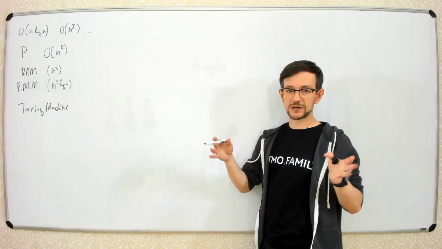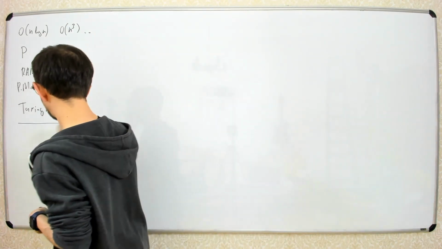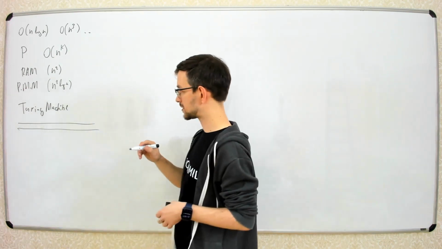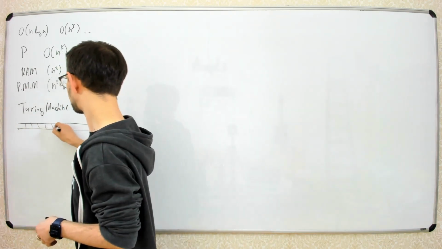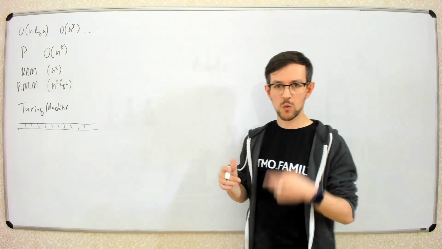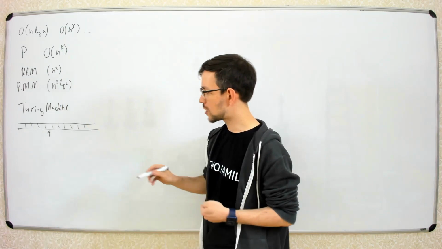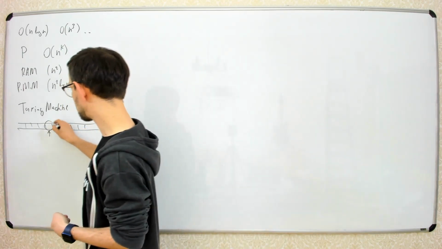You have your data stored in a single strip of elements, an infinite strip of elements, and you can access only one element at a time. You have your current location, and you can access only this element of your strip.